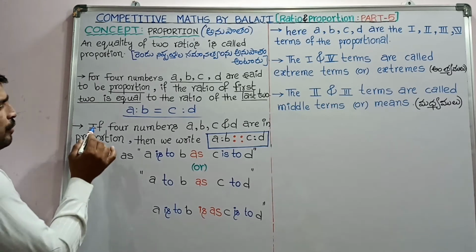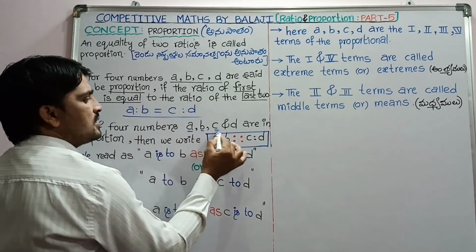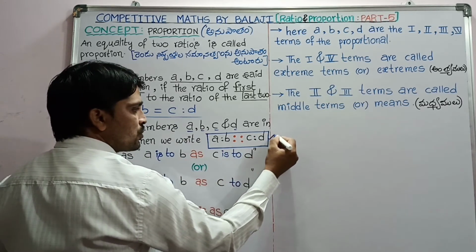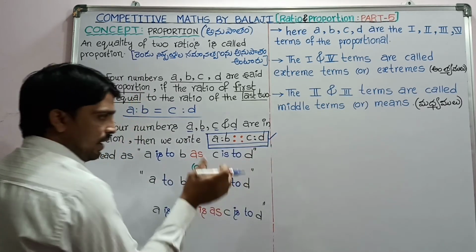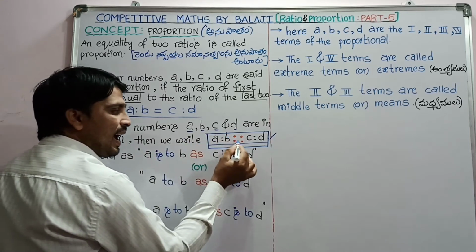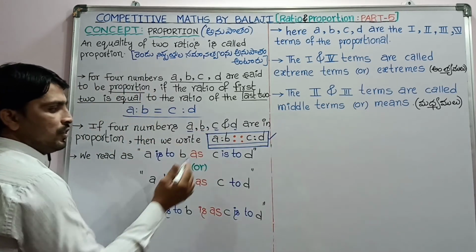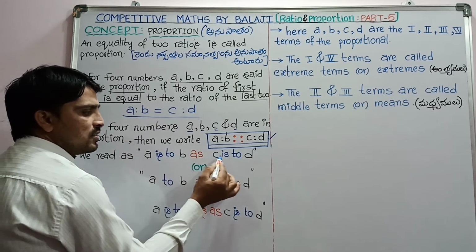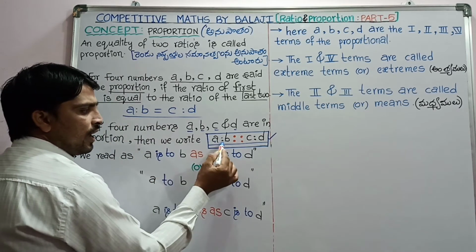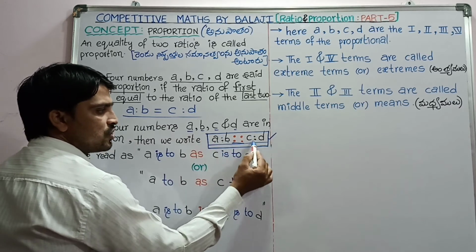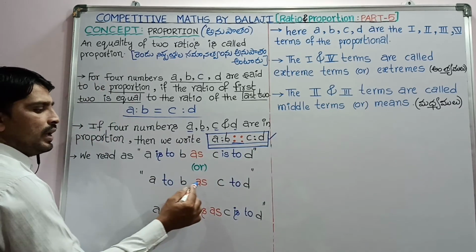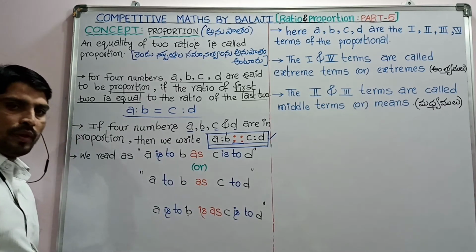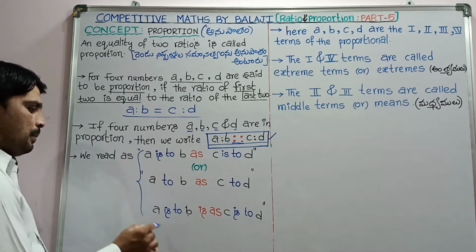In other words, if 4 numbers A, B, C and D are in proportion, then we write the proportionality as follows: A is to B as C is to D. This can be read as A is to B as C is to D, or A to B as C to D, or A is to B is as C is to D. In 3 ways we can read this.